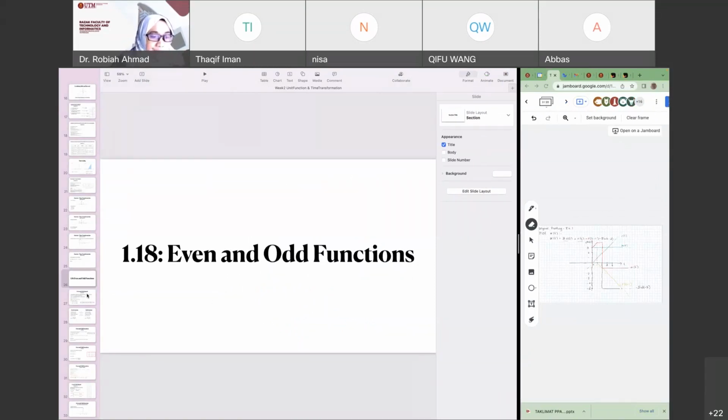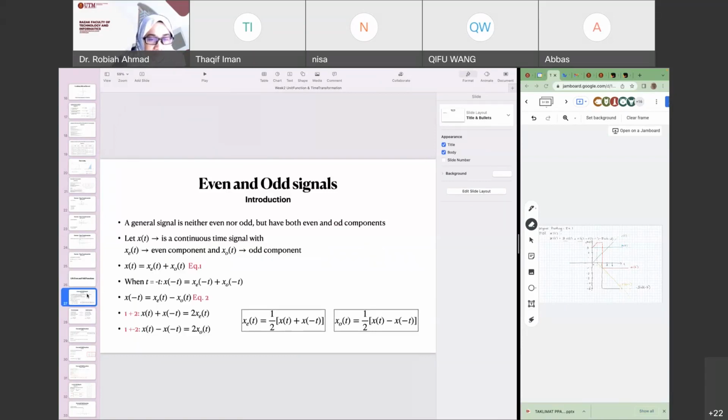I think we discussed earlier about odd and even signals. So a general signal is neither even nor odd, but has both even and odd components. So let's say we have a continuous signal. There is a formulation for even and odd signals.